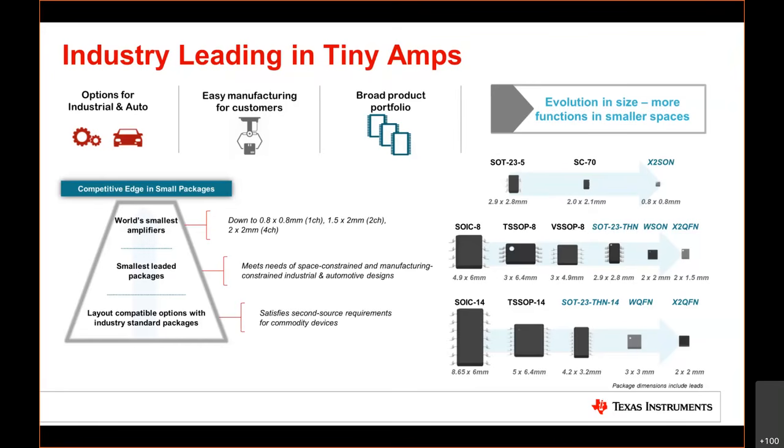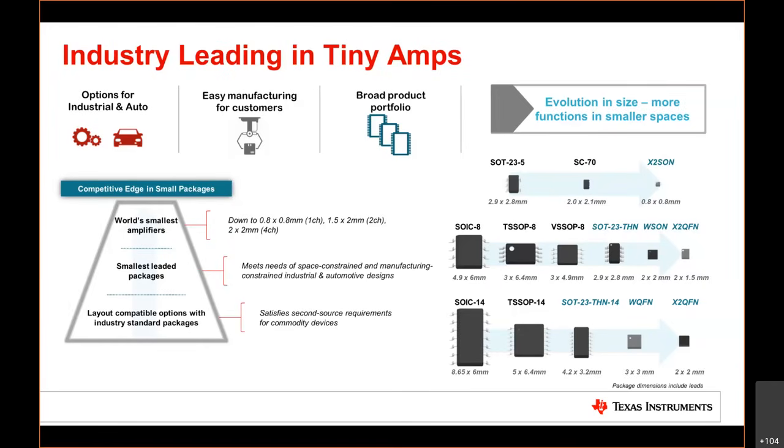For single channels, you'll find SOT23 and SC70 as industry standard packages, but we're also introducing the brand new X2SON, 0.8 of a millimeter by 0.8 of a millimeter. This is the industry's smallest op-amp package. For dual channel, we have the SOIC, TSSOP, and VSSOP, sometimes called MSOP, packages, which are industry standard, but we're introducing a brand new 8-pin SOT23 device, which has the same pitch as the TSSOP and VSSOP but is a little bit thinner, as well as a 2x2 WSON and a 2x1.5 10-pin X2QFN package.